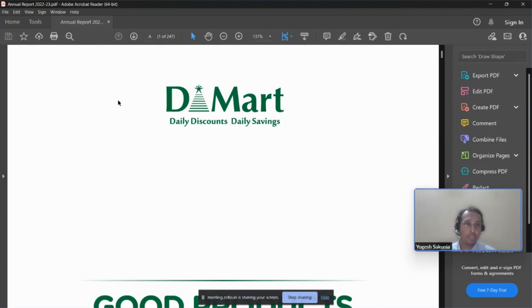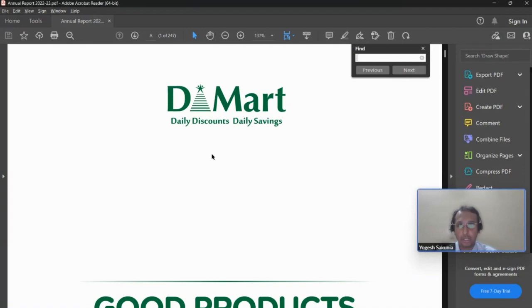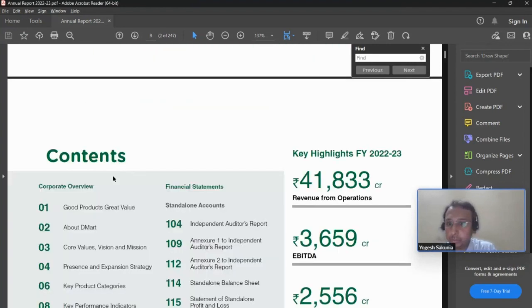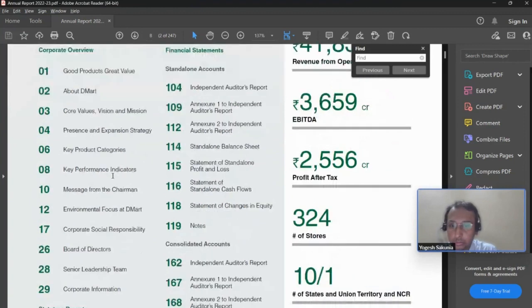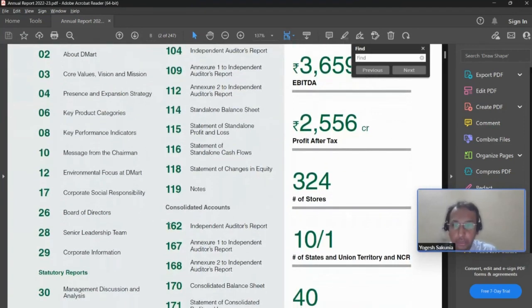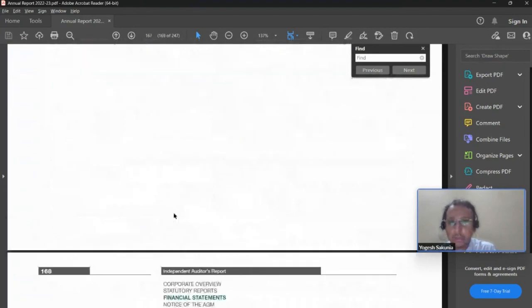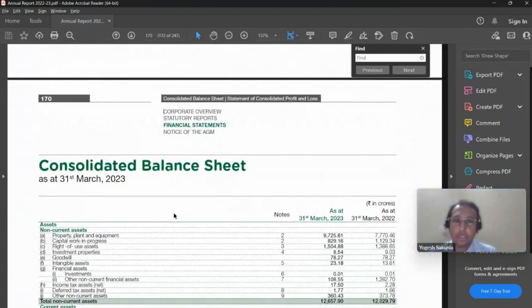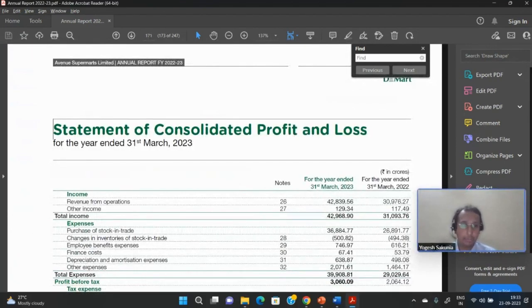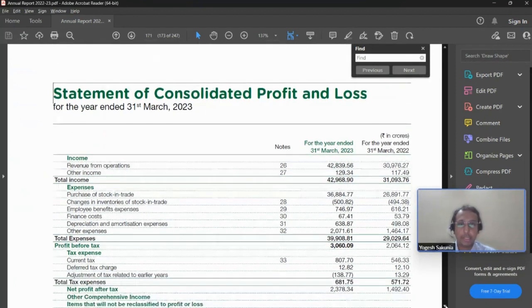And in this case, we will just look at the income statement and search for, yeah, consolidated numbers 162. Okay, so here is the consolidated balance sheet, and below that we'll have the consolidated income statement.